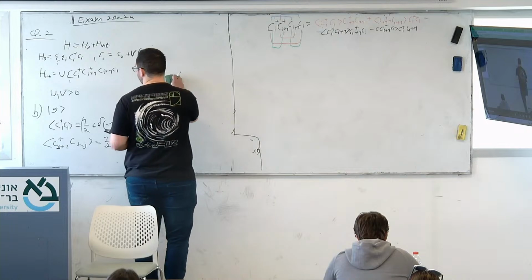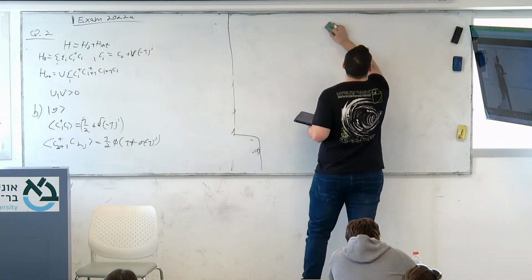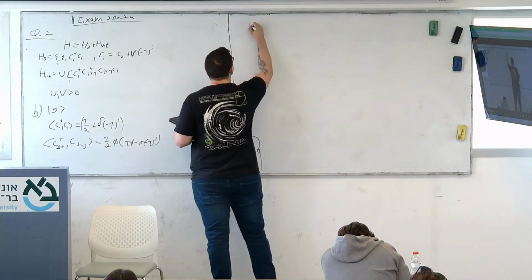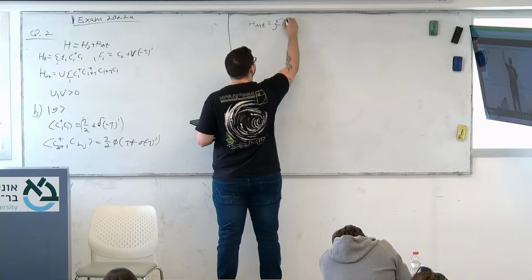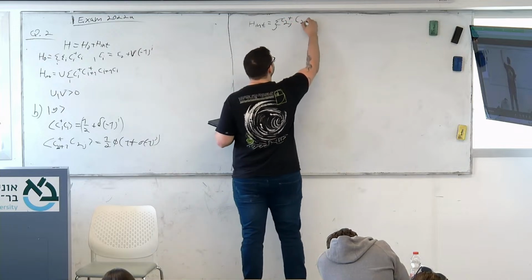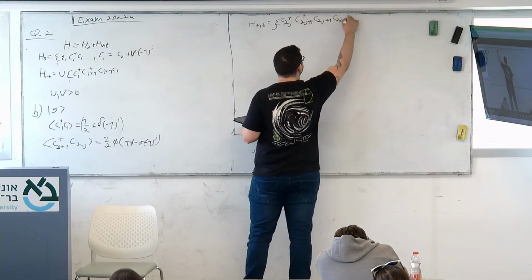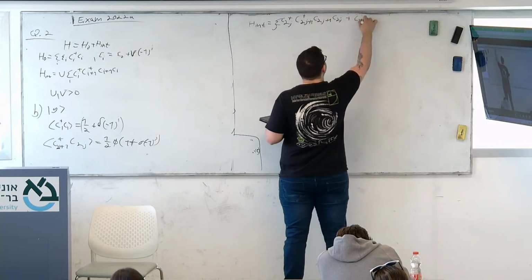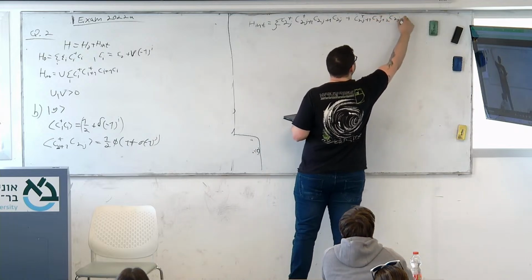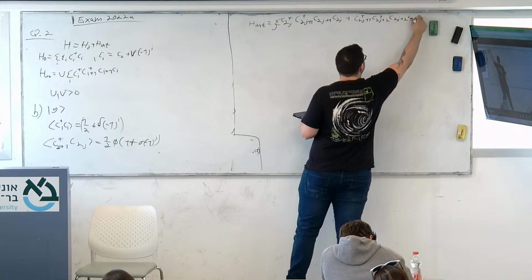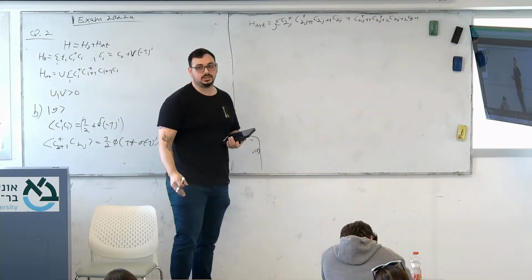So I get H_int equals sum over j of C2j dagger, C2j plus 1 dagger, C2j plus 1, C2j, plus C2j plus 1 dagger, C2j plus 2 dagger, C2j plus 2, C2j plus 1. Right? One time I is even, one time I is odd.